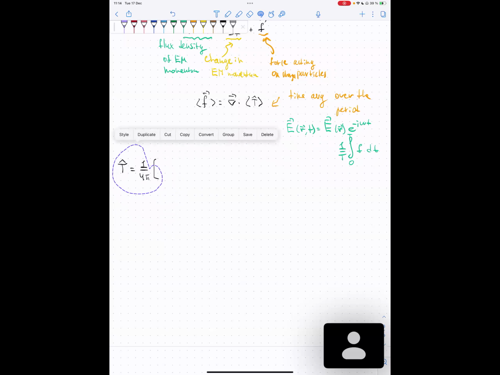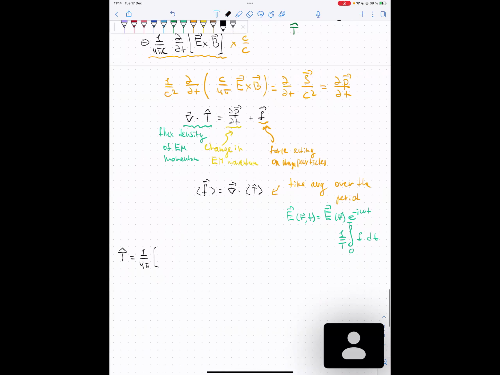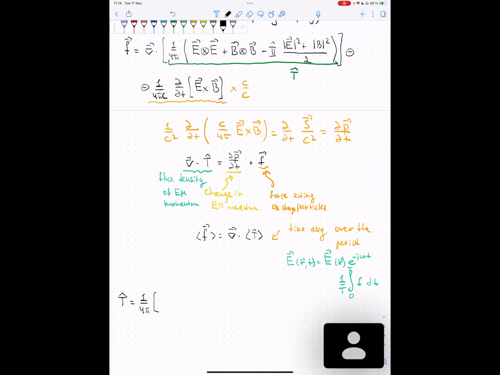Okay, so the expression for this T is once again 1 over 4 pi, E times E plus B times B minus the identity tensor times E squared plus B squared divided by 2.